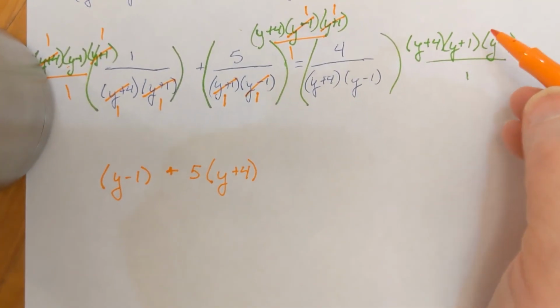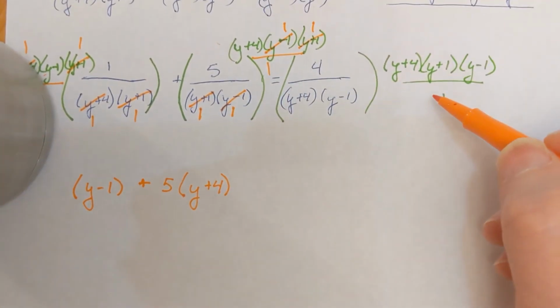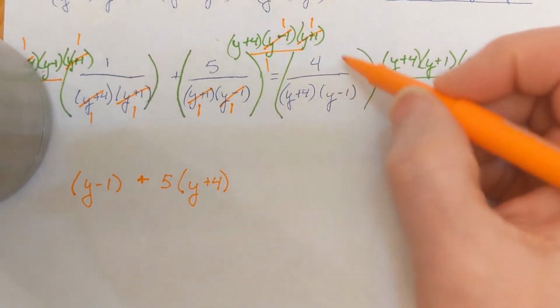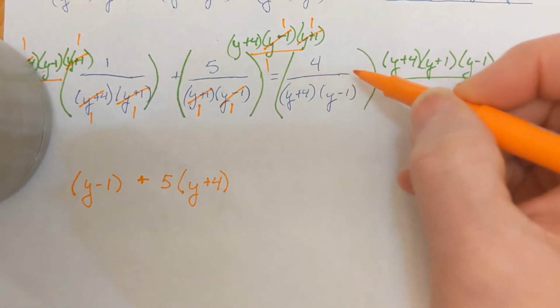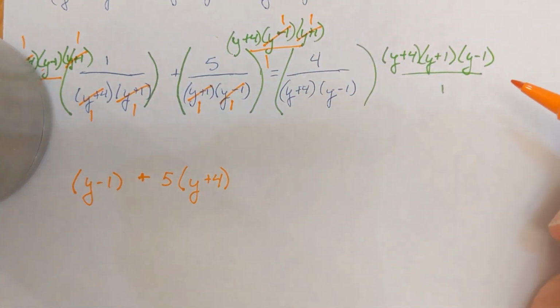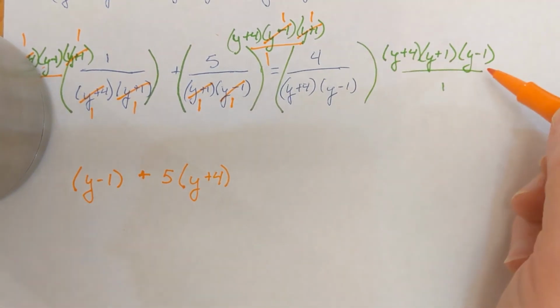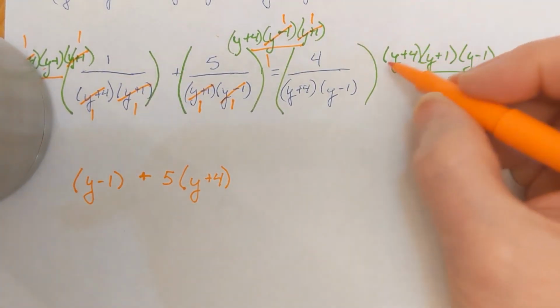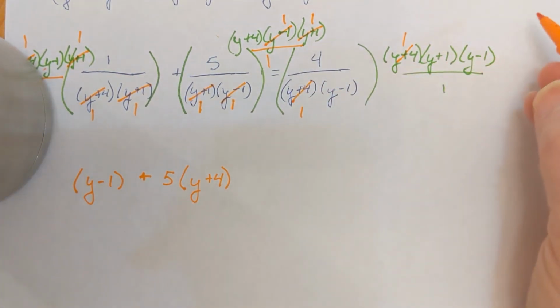And finally, on this side of the equation, again, they're all factors. If say this were a 4 plus x, I would put it in parentheses also, just to make sure it stayed as a factor and I didn't cancel anything I couldn't. I can now divide out this y plus 4 with this y plus 4.